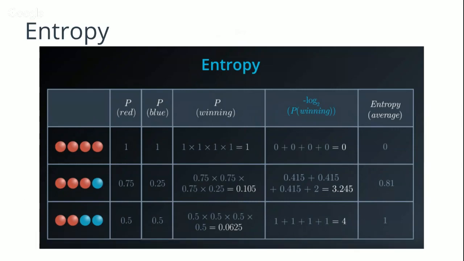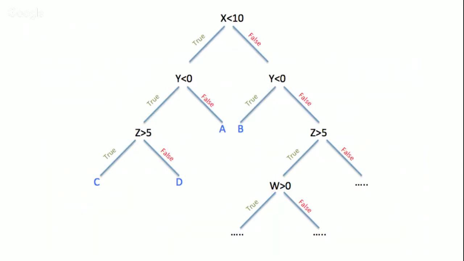Now, the reason why entropy is important is because when we come back to our decision tree here, what we're trying to do is ask ourselves, how do we design our decision tree such that we ask the fewest amount of questions possible in order to reach our results? We don't want a decision tree of infinite depth.